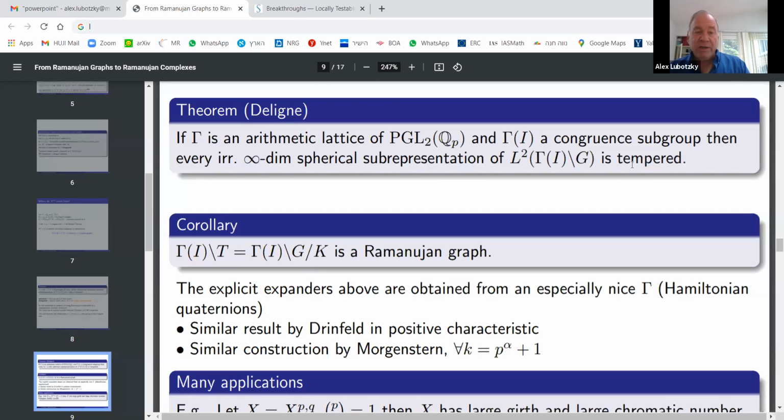And so the corollary is that if we take this Bruhat-Tits tree divided by such a congruence subgroup, we get a Ramanujan graph.